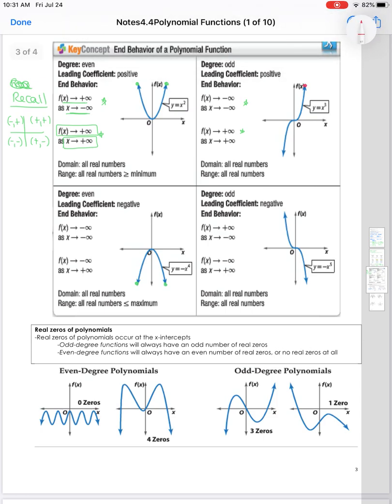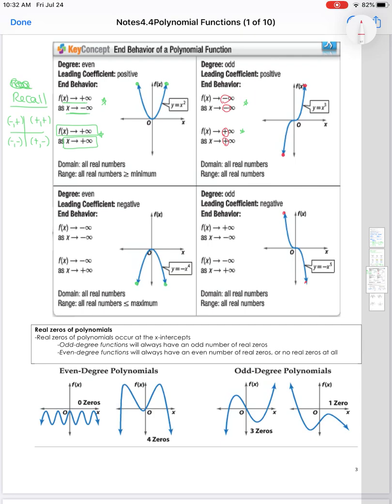Same scenario, degree is even, but now the leading coefficient's negative. It's an upside-down parabola, and you're in quadrants 3 and 4. So obviously the values are going to change. In the third quadrant, they should both be negative. In the fourth quadrant, the x is positive, the y is negative. For an odd degree but a leading coefficient that's positive, you're in the first quadrant and the third quadrant.